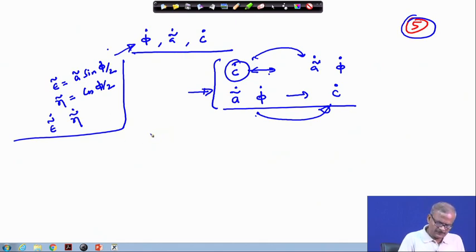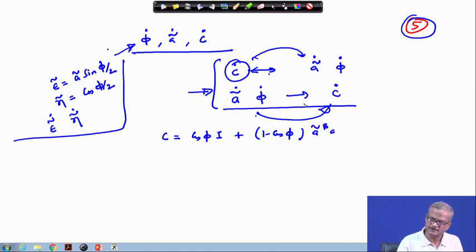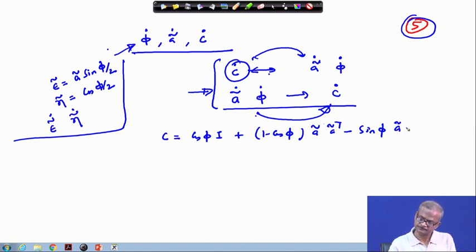If you remember, C equal to cos phi I plus 1 minus cos phi times A tilde times A tilde transpose minus sin phi times A tilde cross. This is the C matrix, and this we have also converted in terms of the Euler parameters.